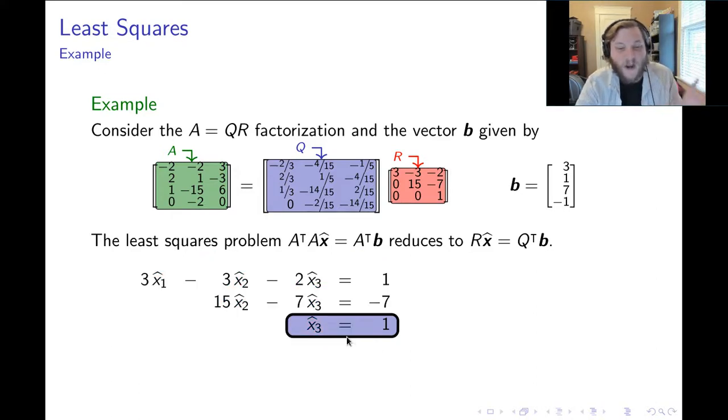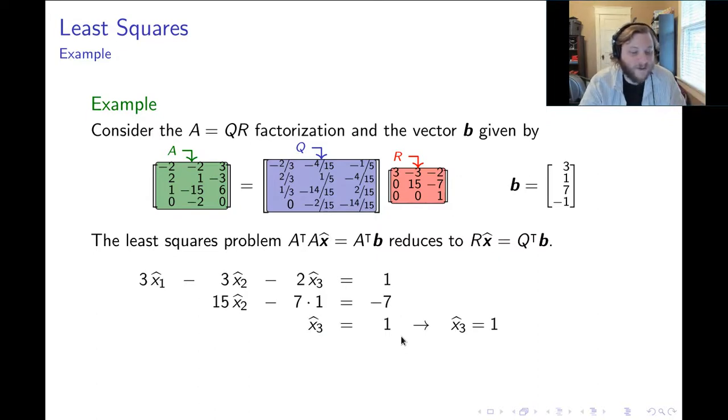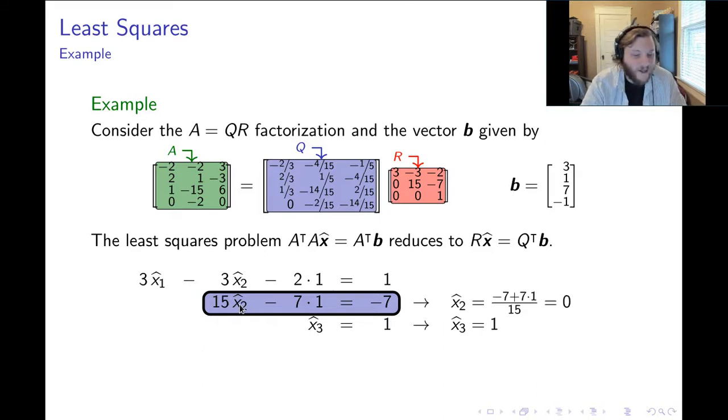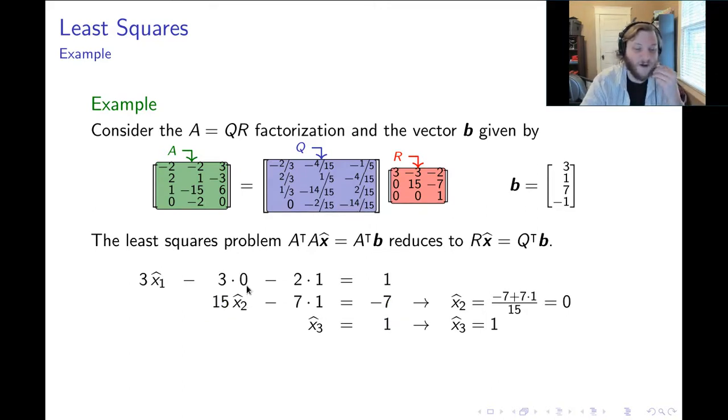The last equation is straight up telling me that x3 hat equals 1. So I can then go to the other equations in this system and replace x3 hat with the number 1. Then I can go to the second equation of the system, and here I can solve for x2 hat. When I solve for x2 hat, I get 0, and then I can replace x2 hat in all of the other equations with the number 0.